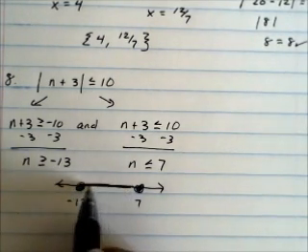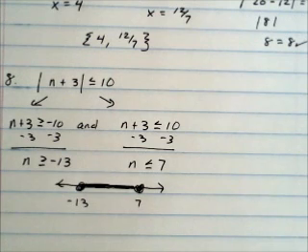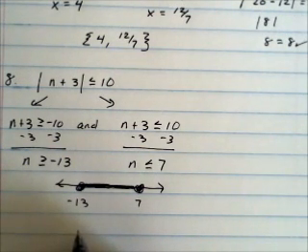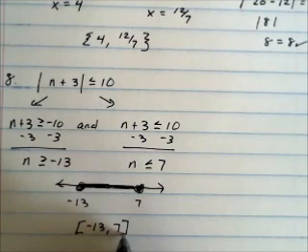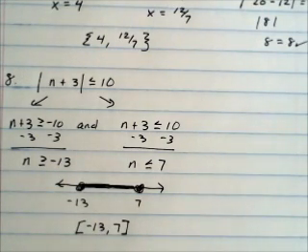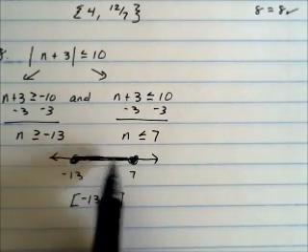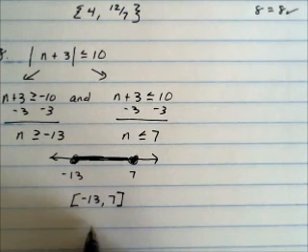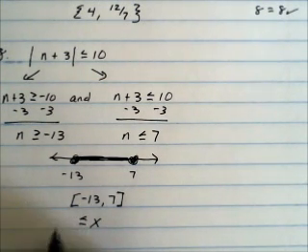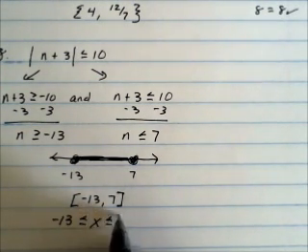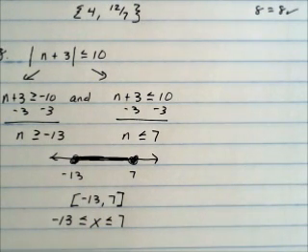So everything between will be shaded. In interval notation, bracket negative 13, comma 7, close bracket. Symbolically, we have all values of x between negative 13 and 7, including both of those. So x is greater than or equal to negative 13, and x is less than or equal to 7.